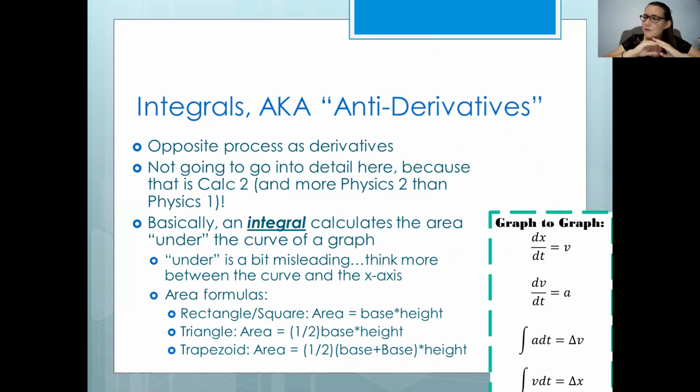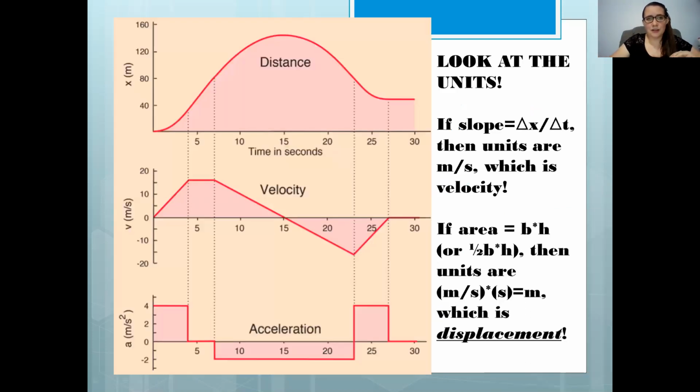And I don't really like the phrase under the curve. I think that's a little bit misleading, because it's really talking about the area between the line, the curve, and the x-axis. So if we look here, this pink shaded area is the area under this curve. So the area between the line and the x-axis.